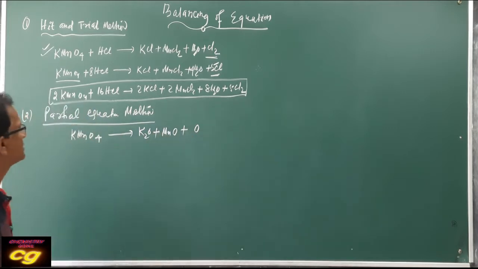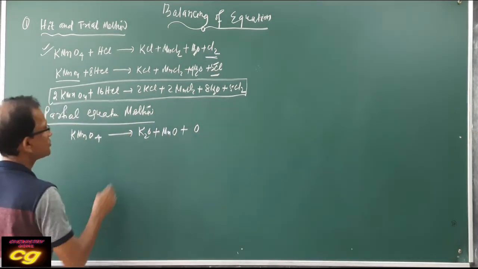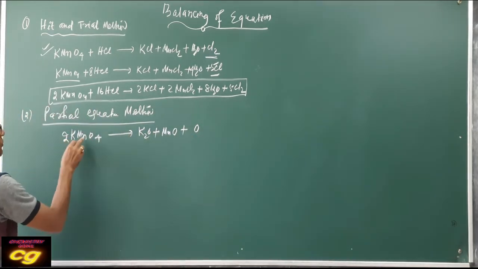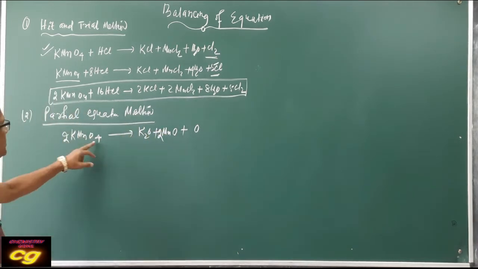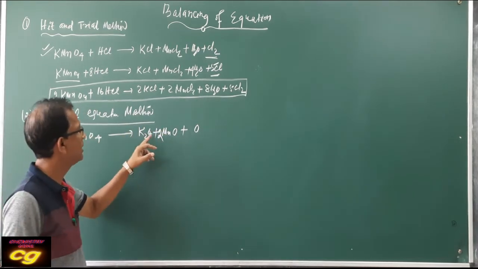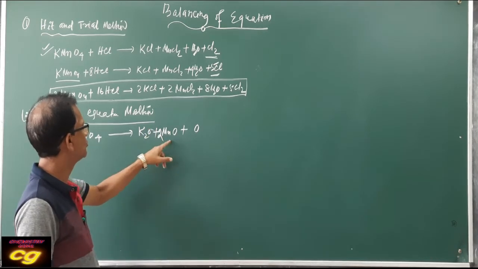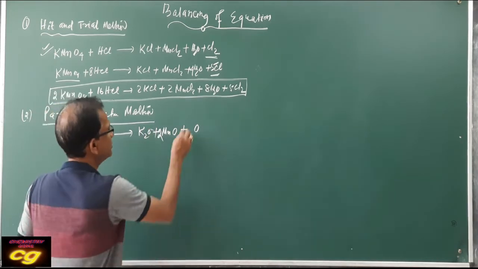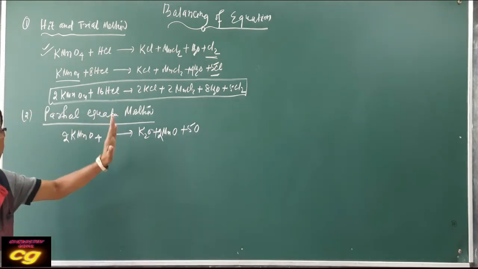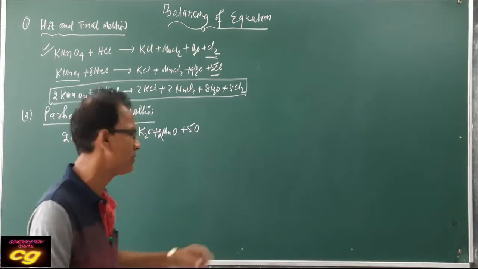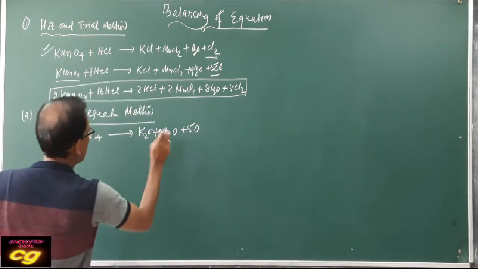You see, this is not balanced. Now it is not balanced, so K2 means multiply by 2, manganese 2 means multiply by 2, then oxygen is how much? 8. Here oxygen is 2, 1, how much, 3, then multiply by 5. Now oxygen is balanced. So each equation can be balanced by the hit and trial method. So now it is balanced.